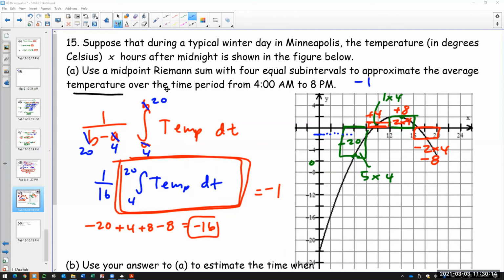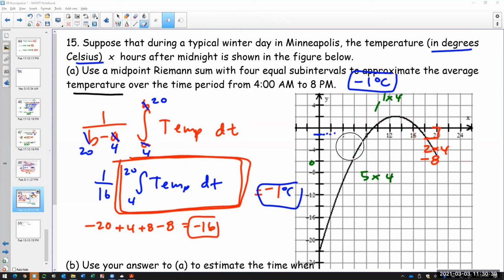Oh, here it is, degrees Celsius. Do you guys see that right there? So it's actually negative 1 degrees Celsius, okay? And you don't have to put units, but I just wanted to clarify. The average value is always the same as whatever your units for your Y is, right? Because if you think about it, when you squished all your cereal down, it was a Y value that you read off, okay?